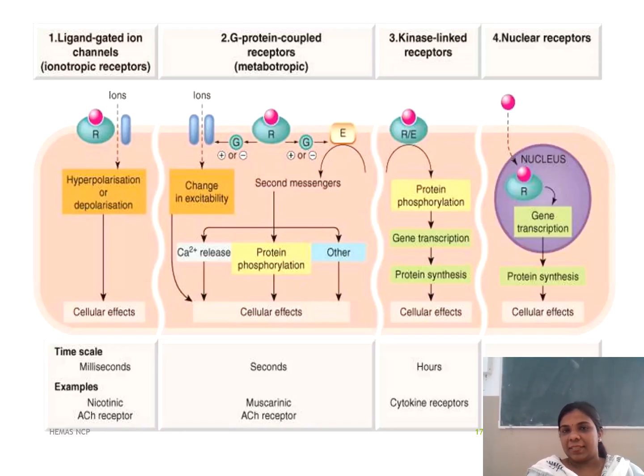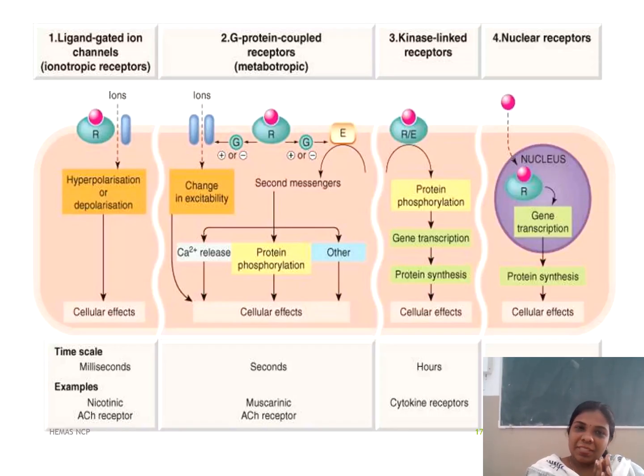Based on structure and signaling mechanism, receptors are mainly divided into four major types: ligand gated ion channel, G protein coupled receptor or GPCRs, kinase linked receptor, and nuclear receptor.